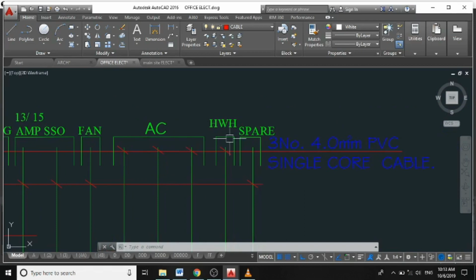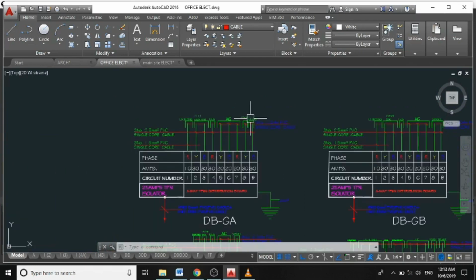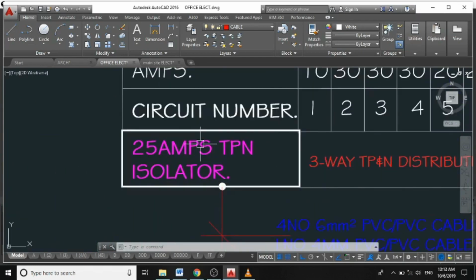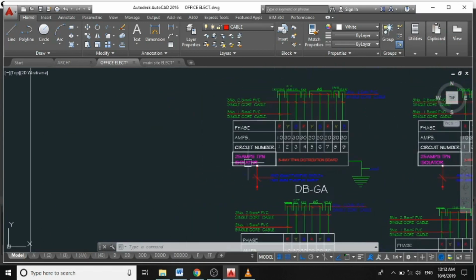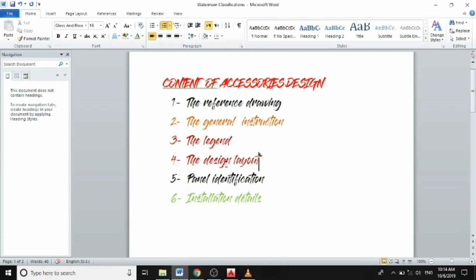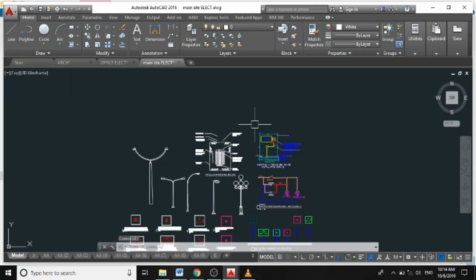Likewise for AC and my Autocad. My distribution board here is a 25 ampere TPN isolator board. In a nutshell, the fifth content for every electrical accessory design is the panel identification. Then we'll have the installation details.